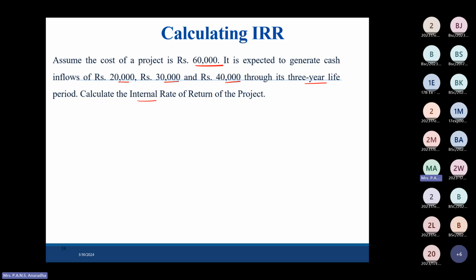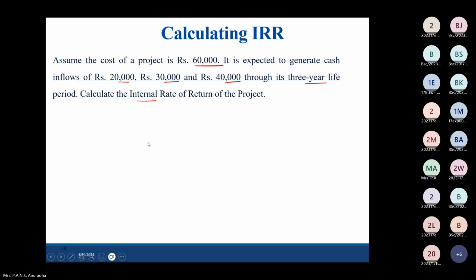But if you are using Excel, there is an IRR function, and you can calculate quickly. But for the exam, you have to apply the trial and error method or the linear interpolation method. That is the way. So, right, let's start with the calculation.